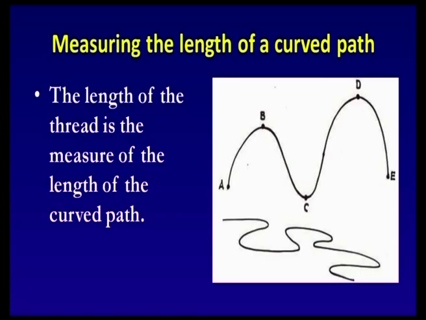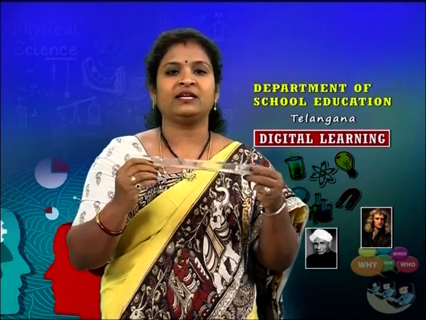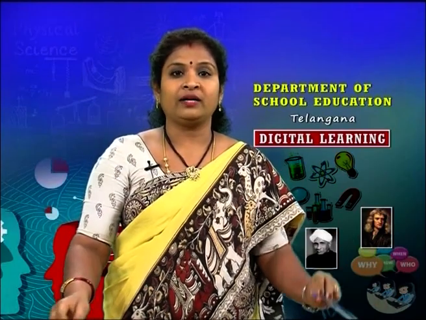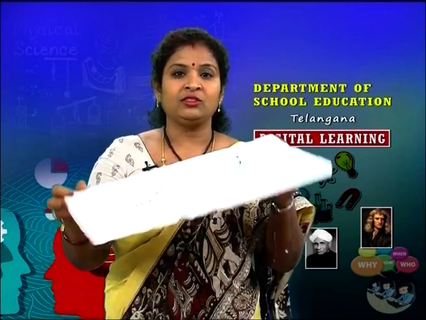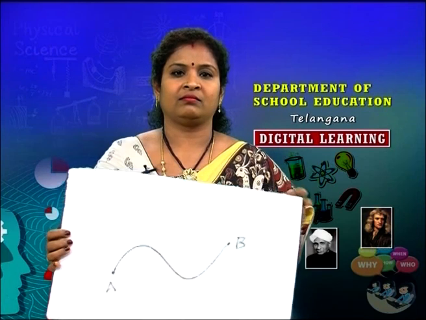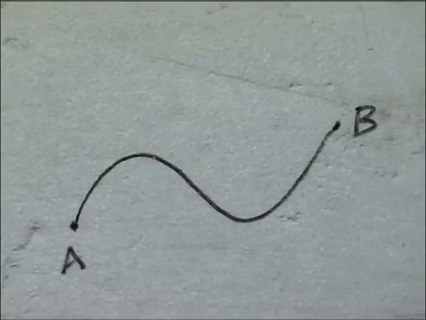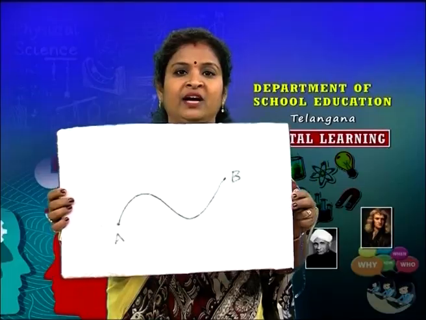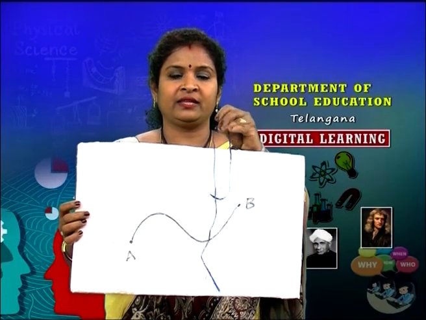Now how are you going to measure the length of a curved path? There is a straight line. You can measure the length of a straight line by using a scale. But what about the length of this curved line? How are you going to measure the length of this curved line? By using a thread.